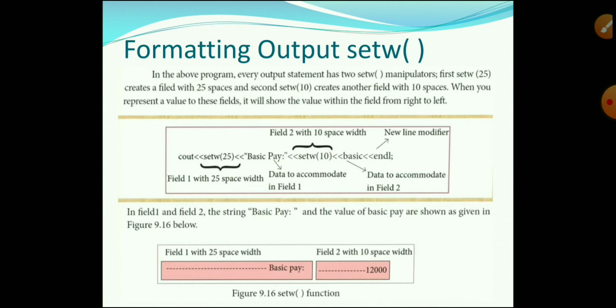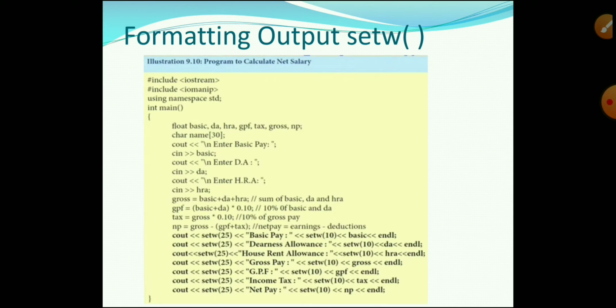Formatting output with set W: you have to see how set W is used inside the program. You must use iomanip, which I will show you also. Hash include iostream, hash include iomanip. I already told you about iomanip. Set W, endl, set precision, set fill, set f.